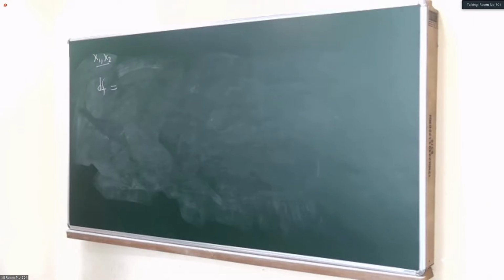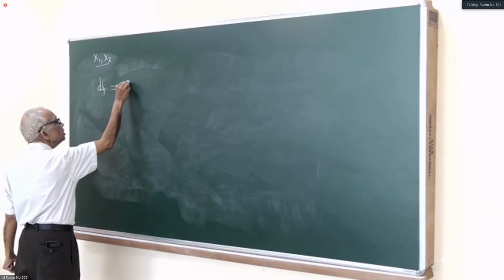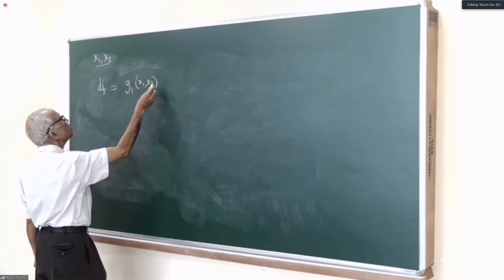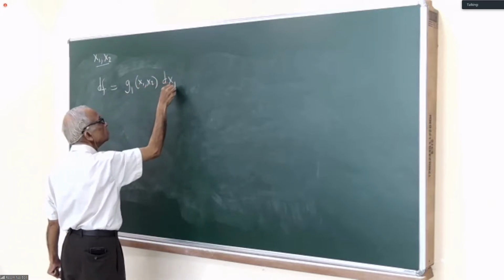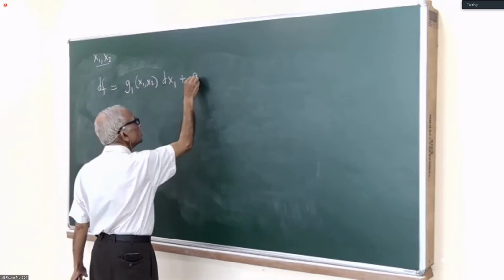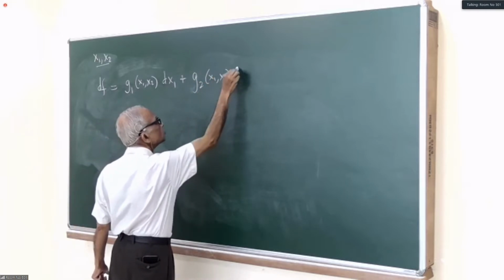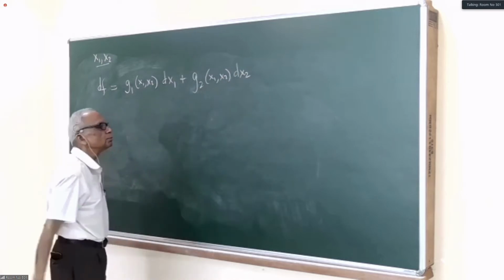So df is equal to some function g1 of x1, x2, dx1 plus some function g2 of x1, x2 and dx2.